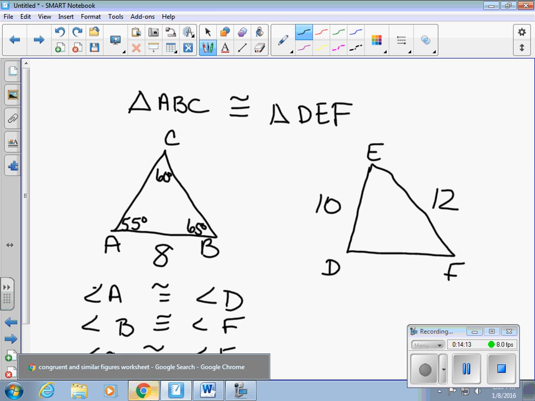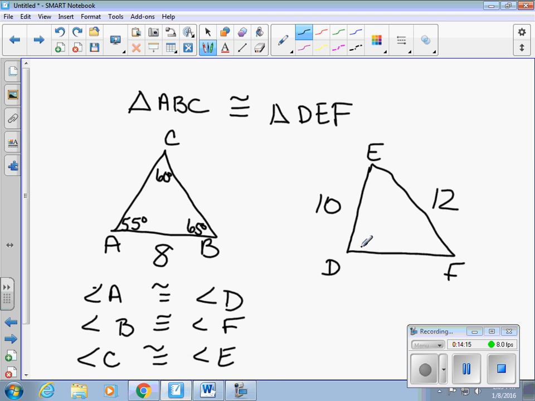Everybody see what I did? Now, do you know what measurement angle D is then? I know they're congruent. So because I know that angle D and angle A are congruent, they're the same measurement. So do I know what A is? It's 55. So what is D? 55 as well.